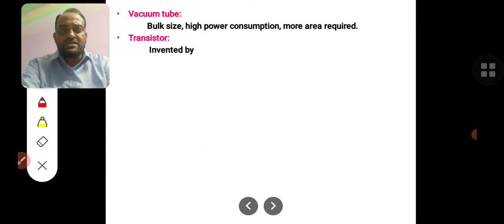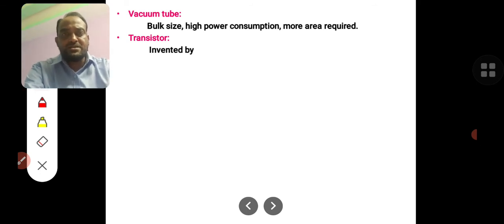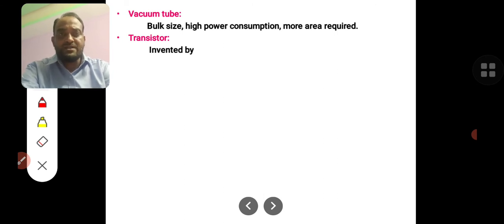When I was a kid, almost 30 years ago, there were radios which were made of vacuum tubes. These vacuum tube radios were not turning on immediately. These radios used to take around 40 to 50 seconds, nearly 1 minute. Then it slowly starts working.